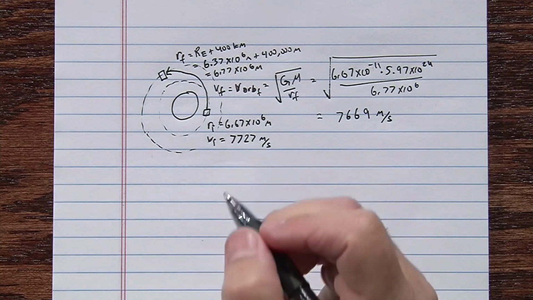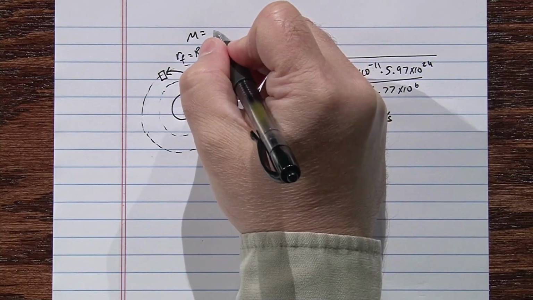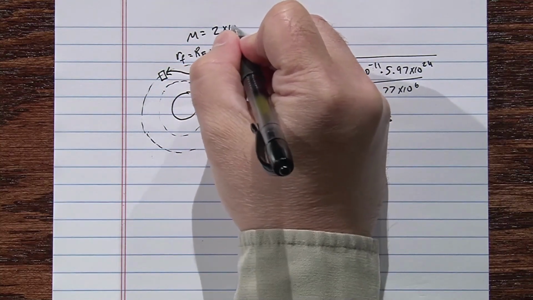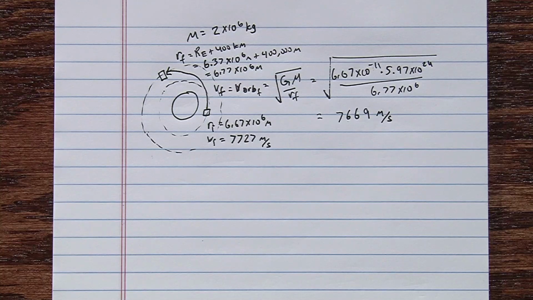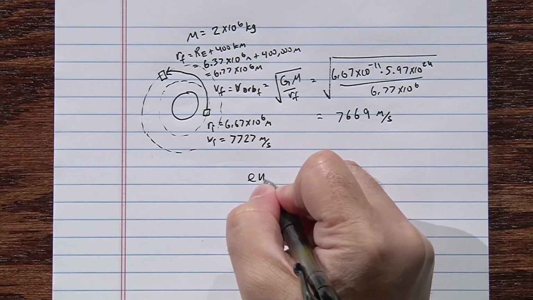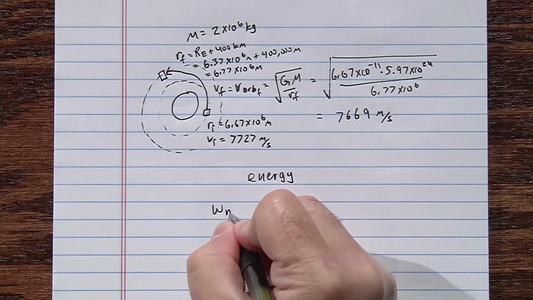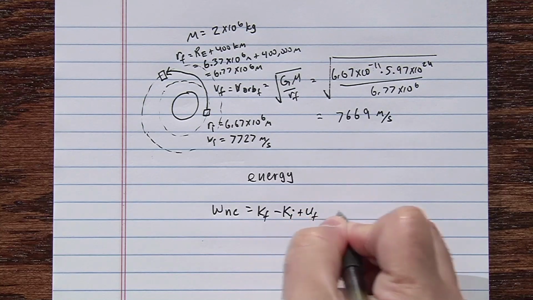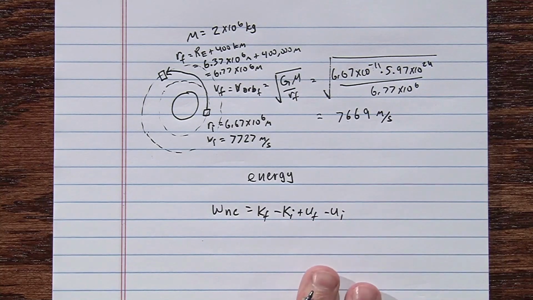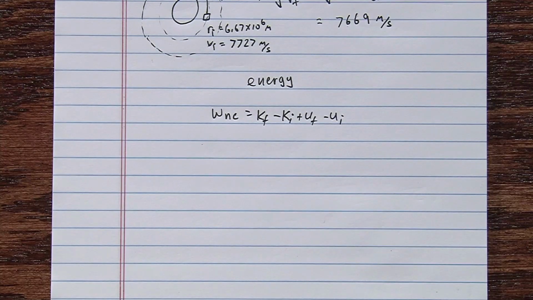And the only thing I haven't put in is that the mass of the space shuttle is 2, and I'm going to write that as 2 times 10 to the 6 kilograms, just to make things a little bit easier to work with. Don't have to write all those zeros. Okay, this is an energy situation, and our equation is work non-conservative is kinetic energy final minus kinetic energy initial plus potential energy final minus potential energy initial. And we have now modeled our situation.